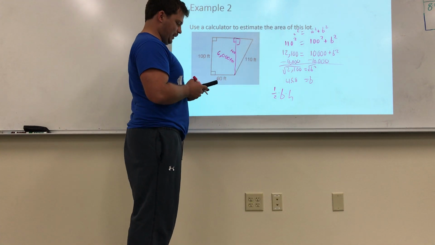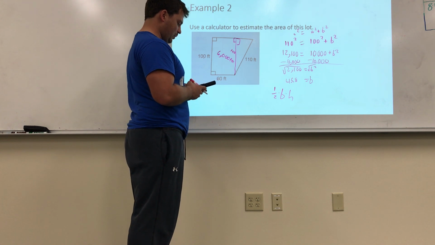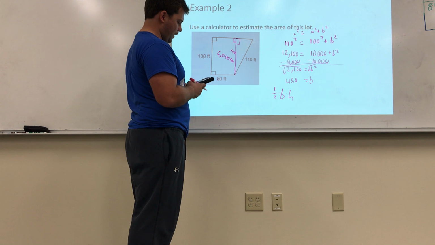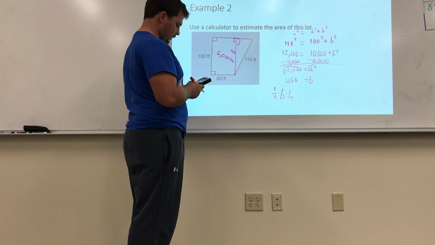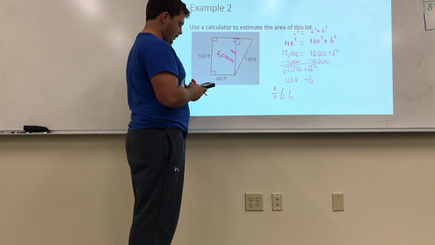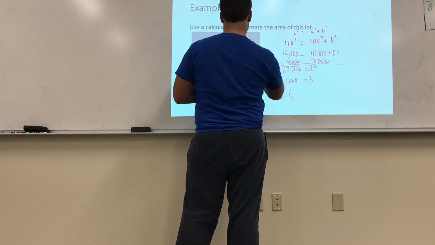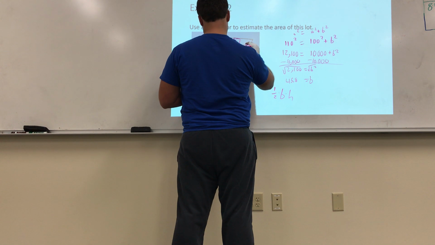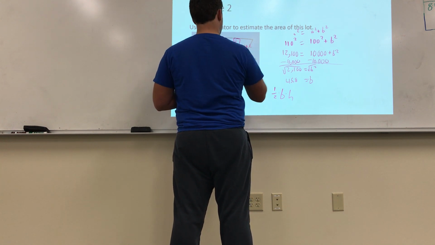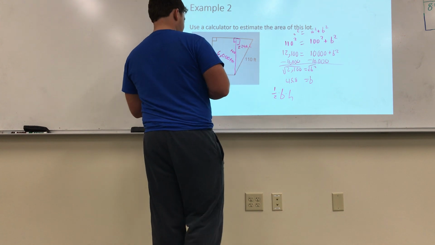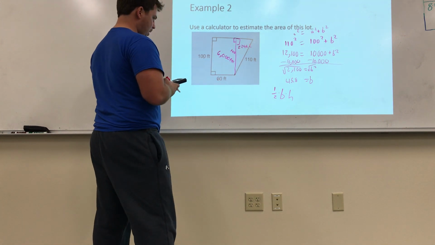So you would take that times 100, divide by 2, or multiply by 1/2, and this should get you 2,291.6 roughly. Add that to the 6,000.